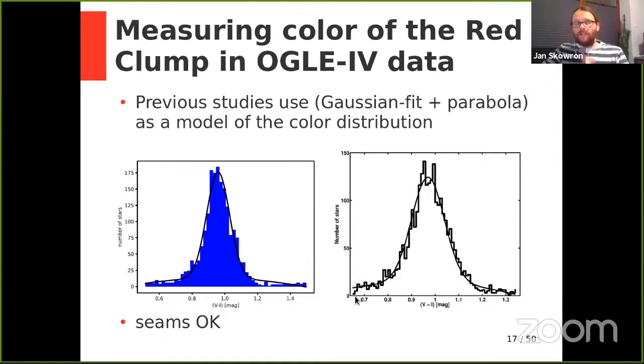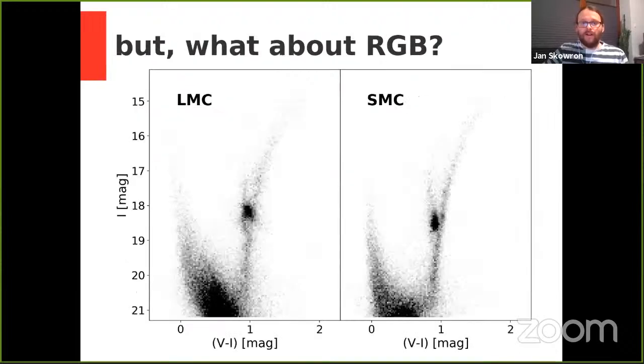And the Gaussian covers basically the Magellanic Cloud stars. This seems legit, seems okay, this procedure, and these are the plots from the papers, but when you look at the real data, in more typical and not the best lines of sight, you quickly realize that this is not actually a good way of measuring the red clump color.